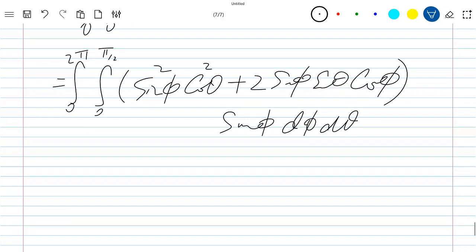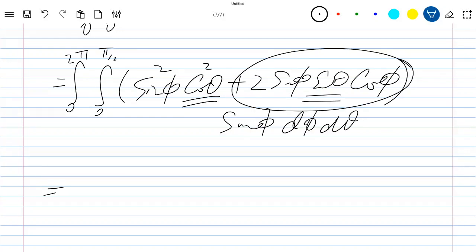Although it looks complicated, notice that this is the theta part, and that is the theta part. So if you integrate this times that, the sine theta part integration will get negative cosine theta, right?